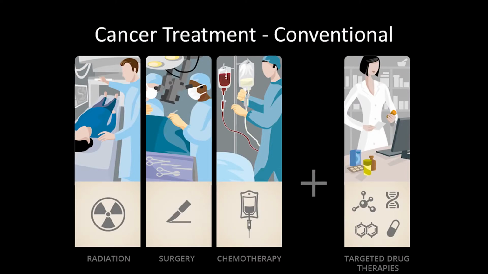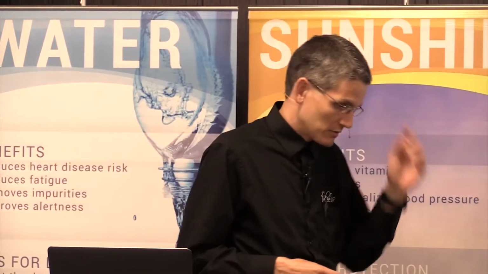So what do we do about it? Well, there are various different things that we can do to treat cancer. From a conventional standpoint, you're looking at things like radiation, surgery and chemotherapy, but then there are also targeted drug therapies that an individual might use. Say, for instance, you have breast cancer, and you have estrogen receptor, progesterone receptor positive breast cancer.